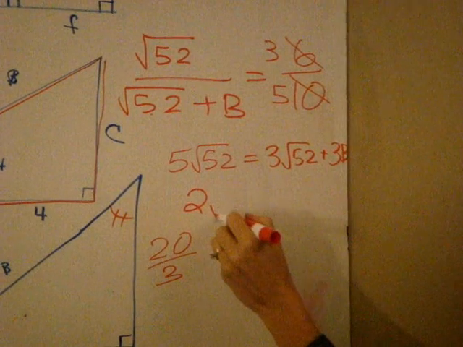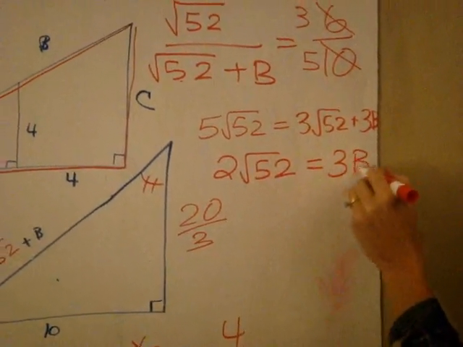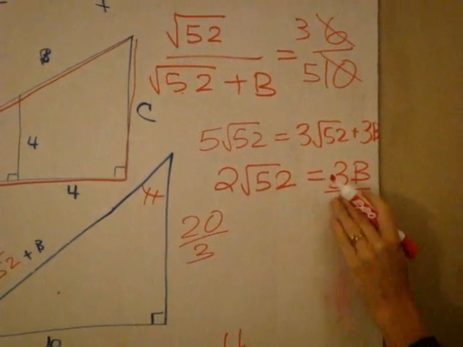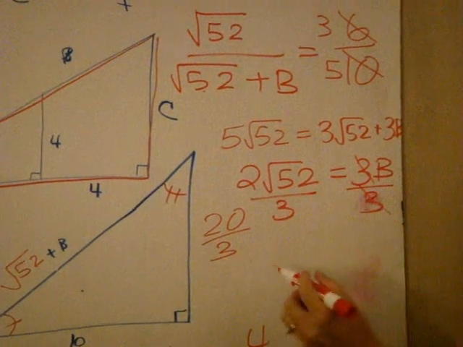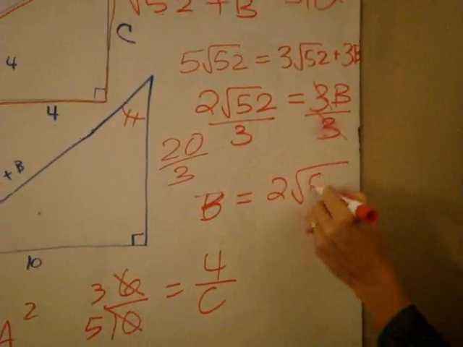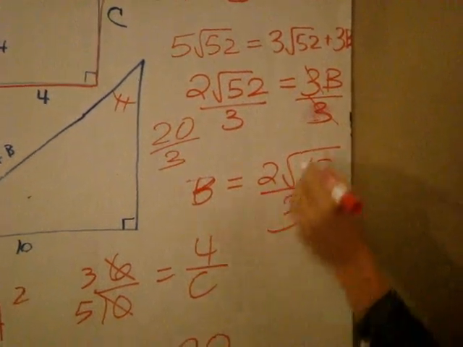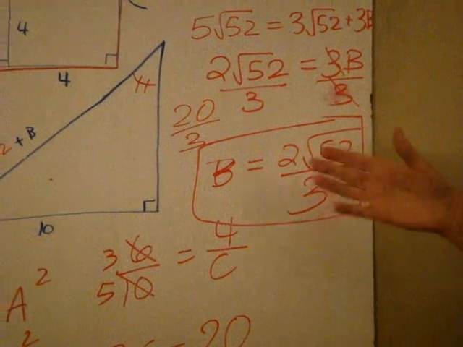So we're going to get 2 square root of 52 equals 3b. And then we just need to divide both sides by 3. And our final answer is going to be b equals 2 square root of 52 over 3. It's not a very nice number, but that's our final answer.